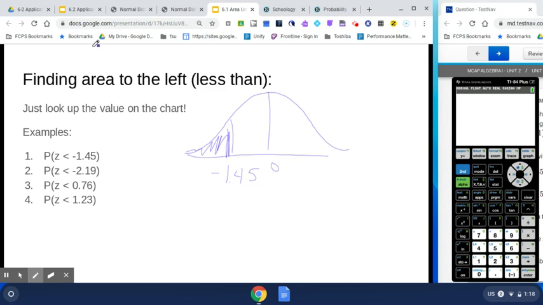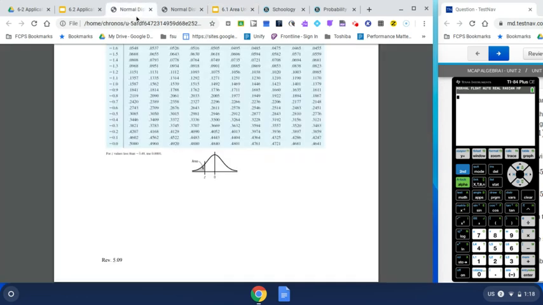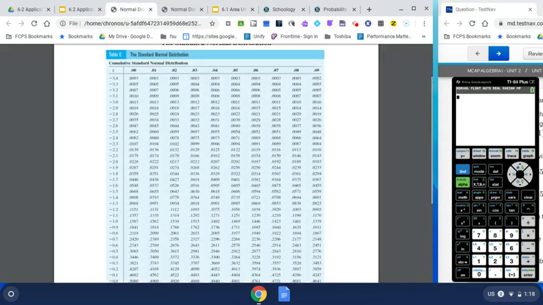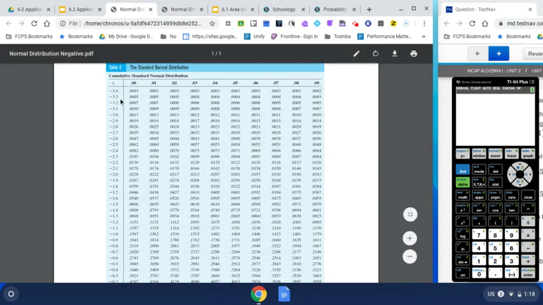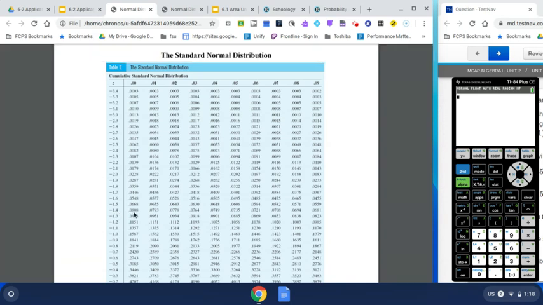All right, let's go to our negative z-chart and look up that negative 1.45. So we're going down this first column until we get to negative 1.4. That's the whole number and the first decimal place. And then we go across to the 0.05 column, and we see 0.0735.